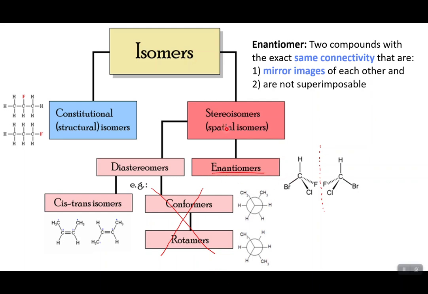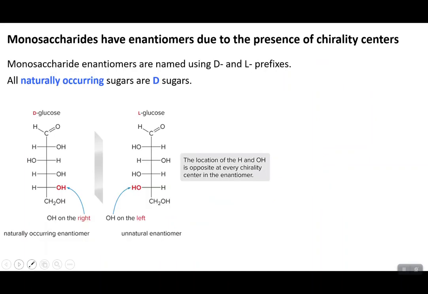So let's see how that applies to a carbohydrate. Because recall that in your carbohydrate, you're going to have carbons that have 4 different groups attached to it. So if you take the reflection of it, then you're going to end up with a molecule that is a mirror image, but it is not superimposable, just like these two molecules here. So let's see how that applies to glucose. Monosaccharides are going to have enantiomers because they have those chirality centers, meaning they have carbons that have 4 different groups bonded to it.